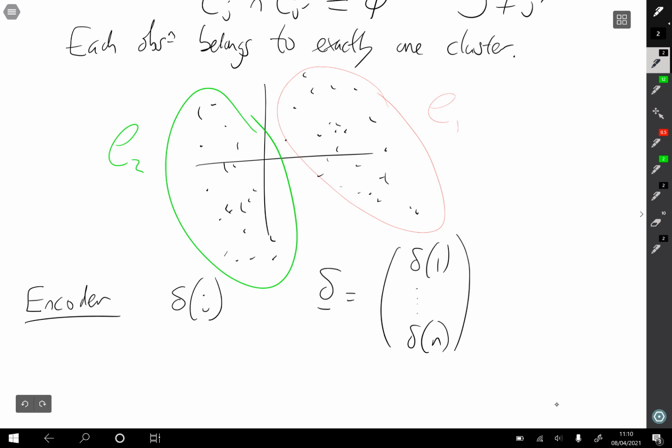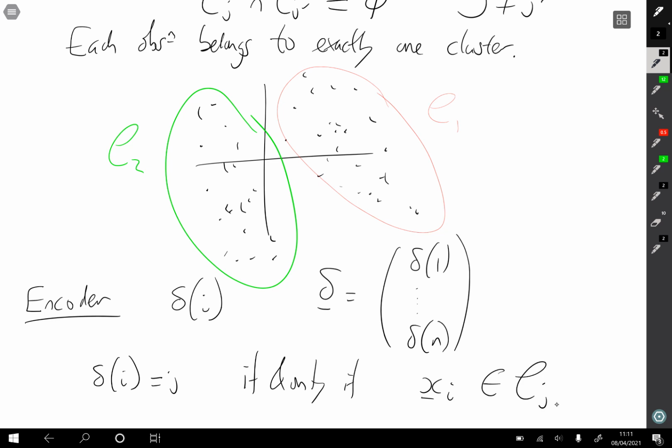And the encoder tells us which cluster observation i is in. Okay, so we have that delta i equals j if and only if xi is in cluster j. Okay. So delta just tells us which cluster each observation's in.